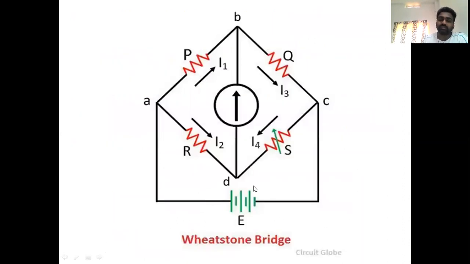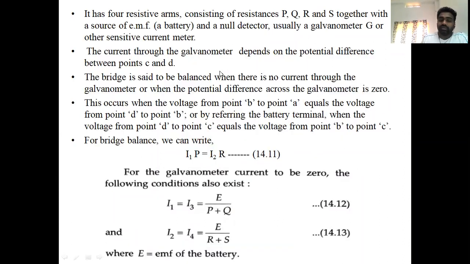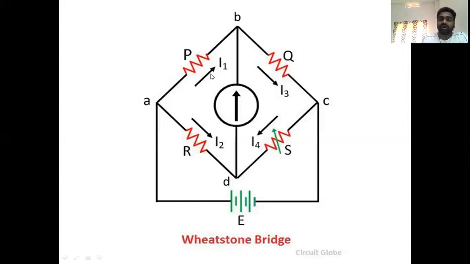See here very carefully, listen to me. Now we are analyzing the two branches, A to B and B to C, while the entire bridge is in balanced condition.